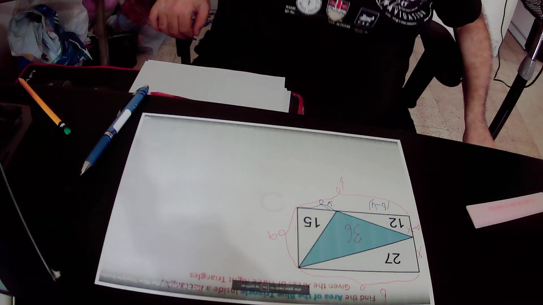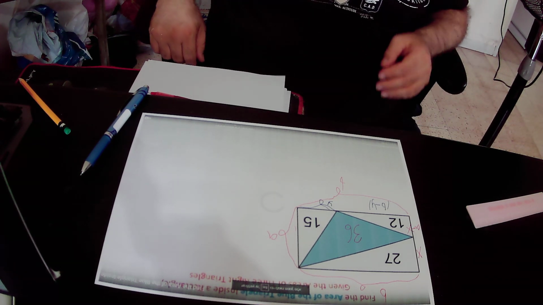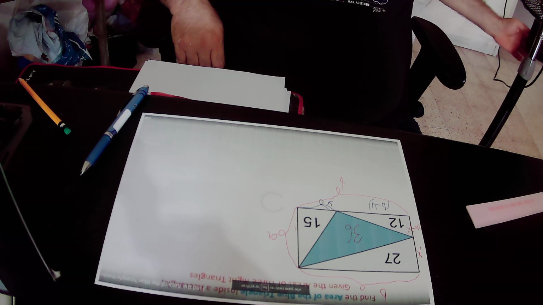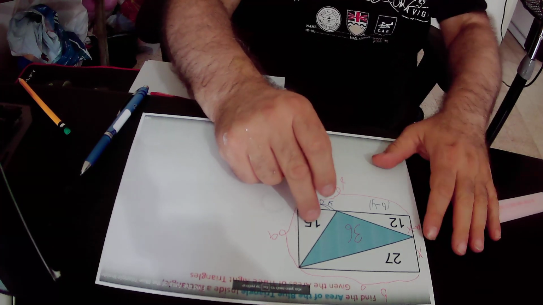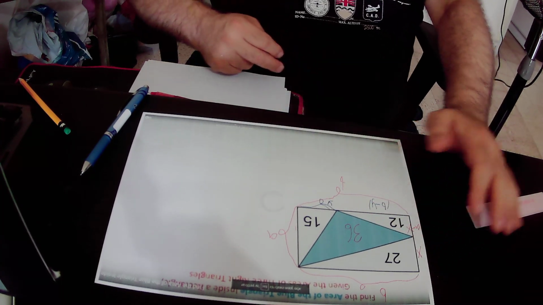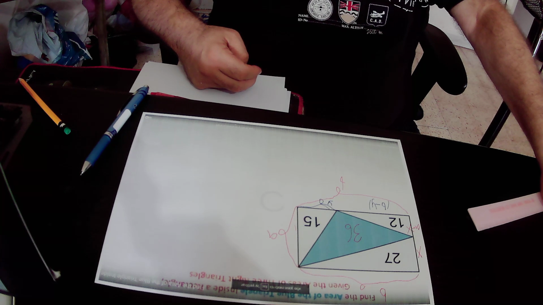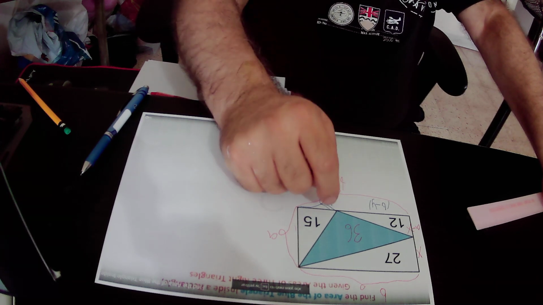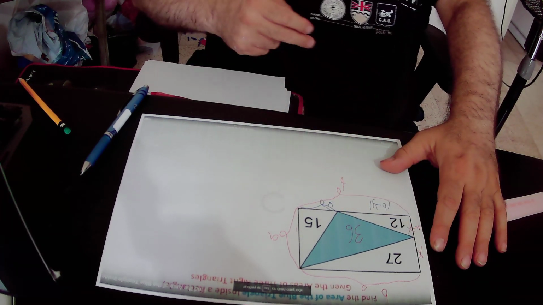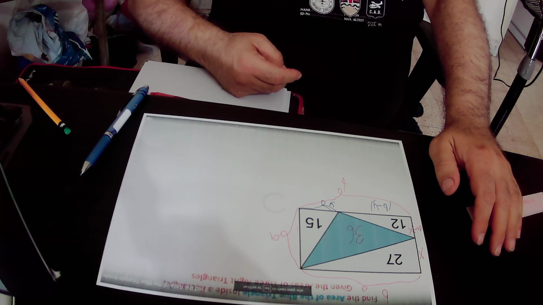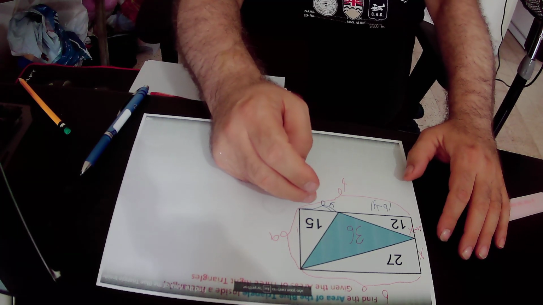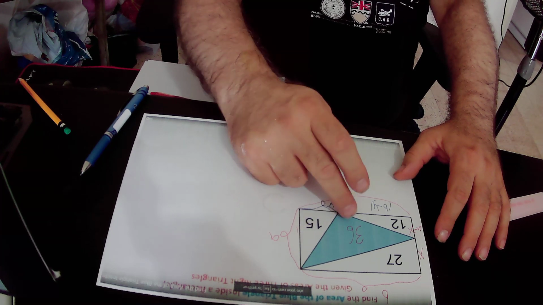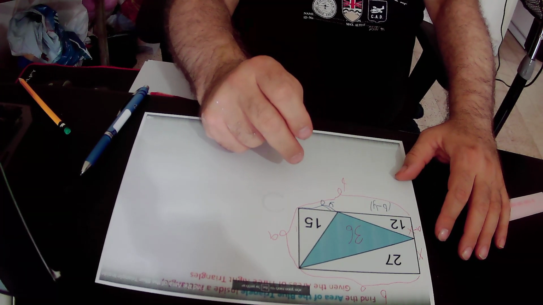So in order to find the value of A times B, we created three equations for the three right triangles. We already know the areas of those three right triangles, but we create the formulas in order to calculate the area of these three right triangles.